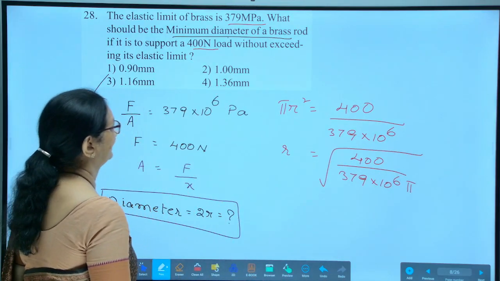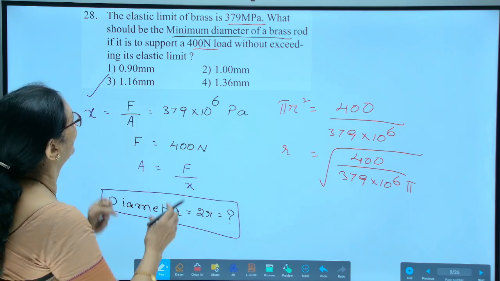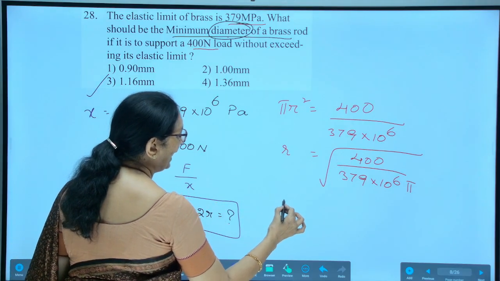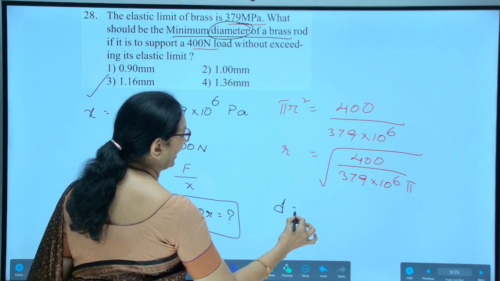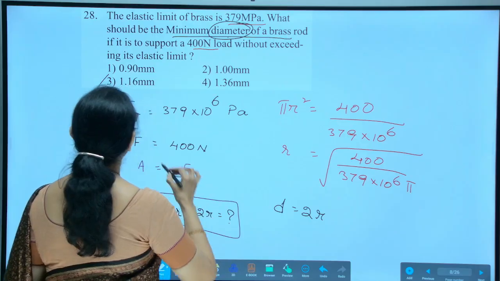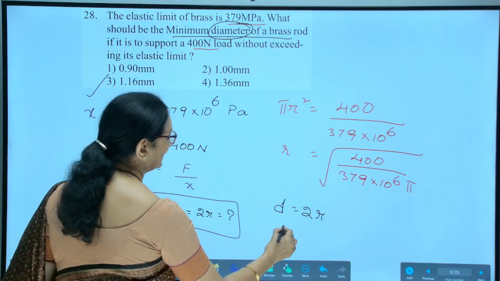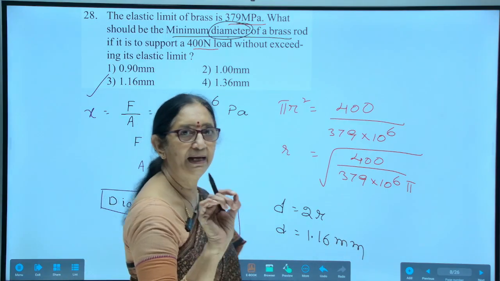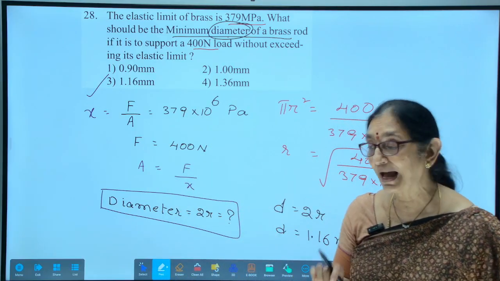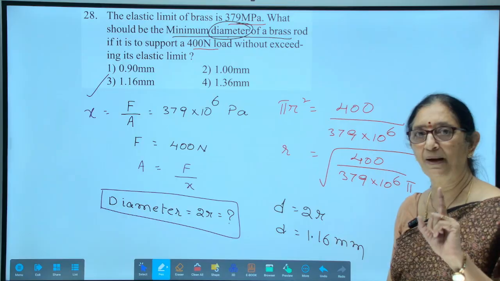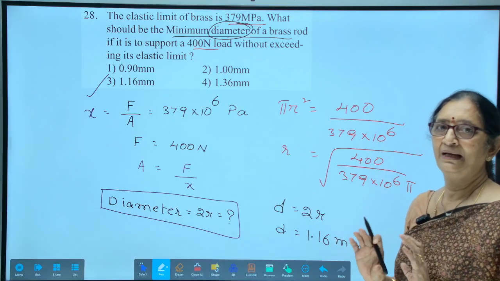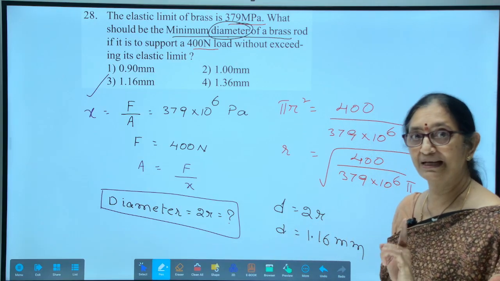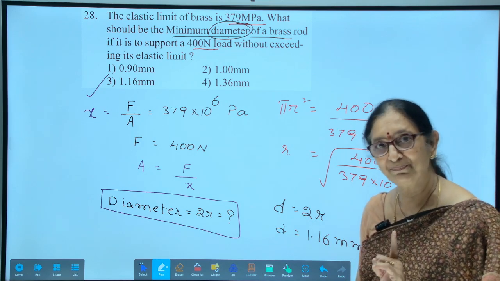But we are asked to find out the diameter. So you get r from this calculation, and finally diameter of the wire is equal to 2r. On simplification, we are getting the diameter as 1.16 millimeters. In these problems, you have to complete the calculation part by yourself. Only then will you minimize the silly mistakes or calculation mistakes in the final exam. That's a very important precaution all of you must follow.